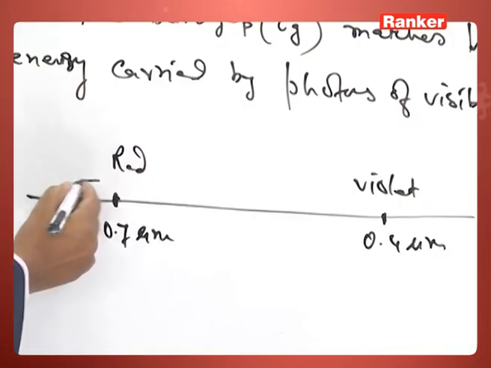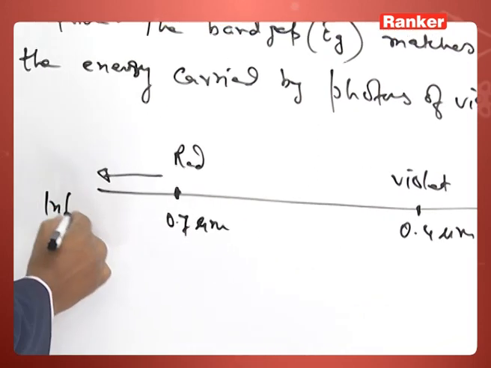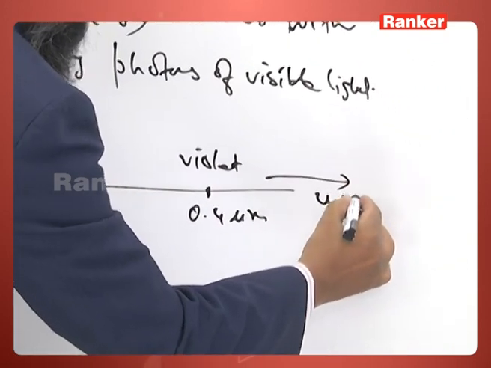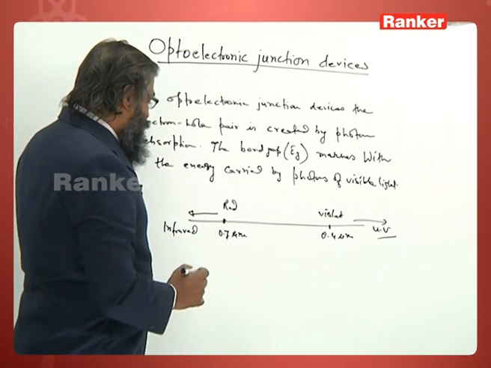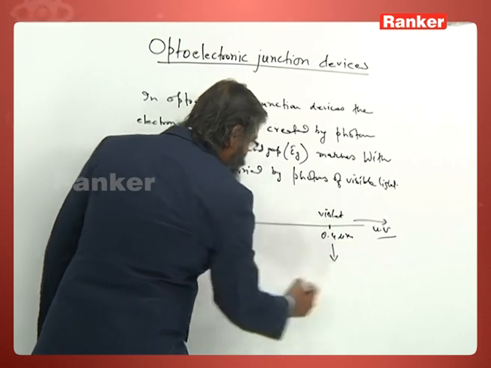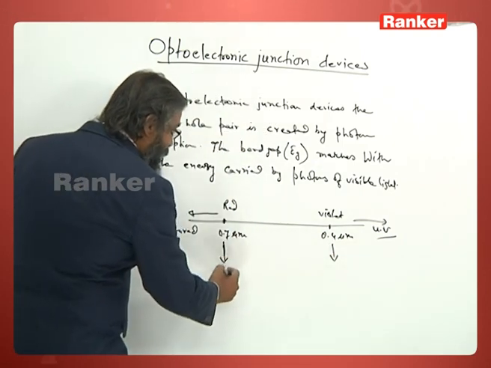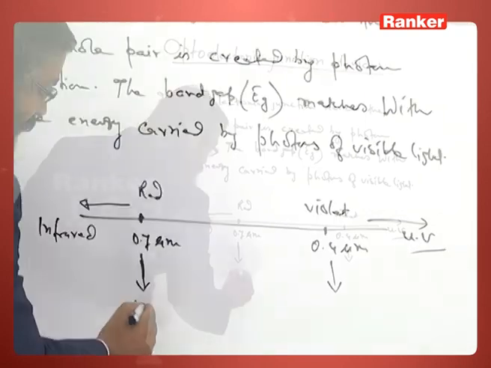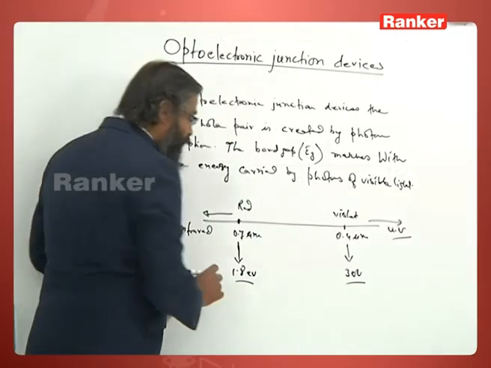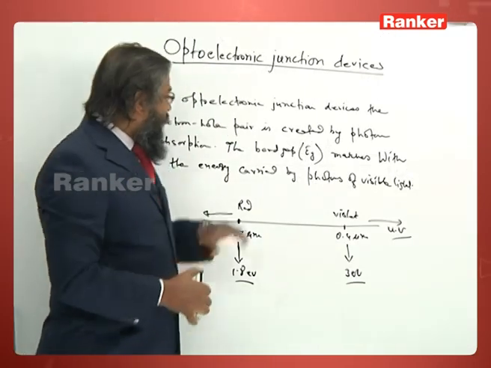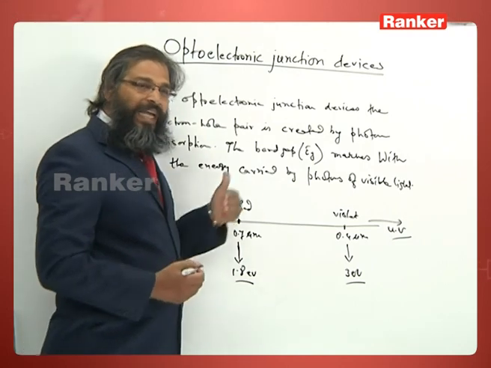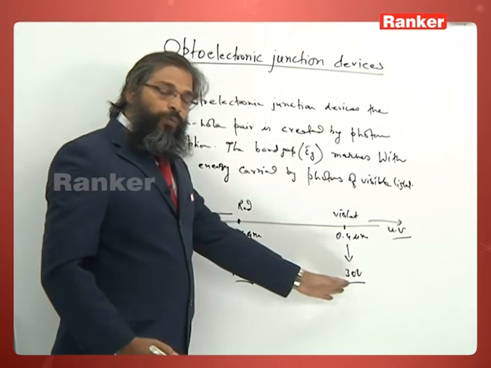Beyond this region we have infrared, and beyond this region we have ultraviolet, UV rays. In electron volt, the energy content of this is 1.8 electron volt, and this is nearly 3 electron volt. So, in these optoelectronic junction devices, the forbidden gap is slightly greater than 1.8 to 3 electron volt.